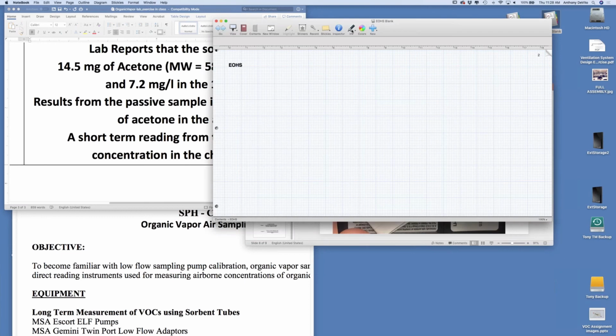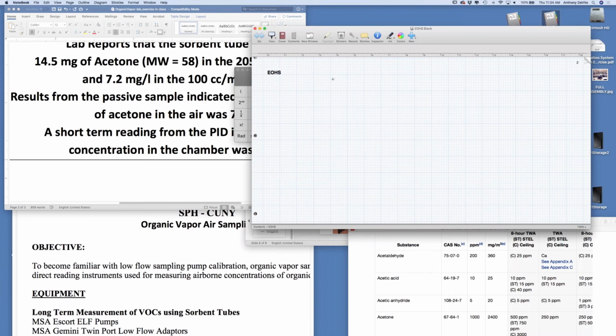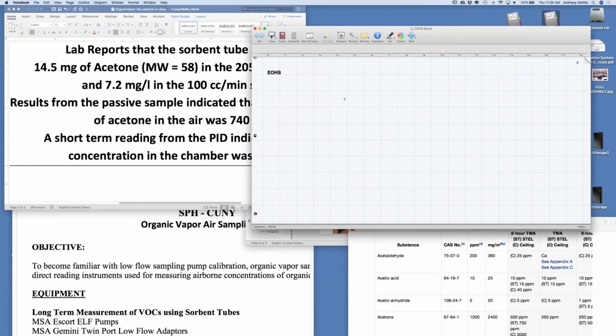So we can do that calculation quickly. I'm going to set it up as a ratio. Let's continue with our calculation. In 9.225 liters of air that we sampled, we found 14.5 milligrams of acetone.